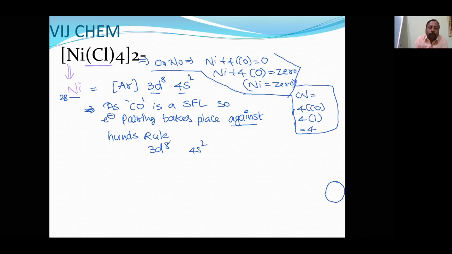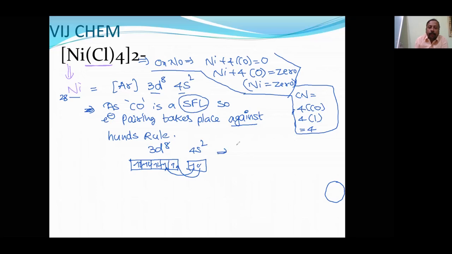According to Hund's rule, pairing should not be done. So 1, 2, 3, 4, 5, 6, 7, 8. Understood? Now these electrons will go here and this will go here. This takes place only in the presence of a strong field ligand.